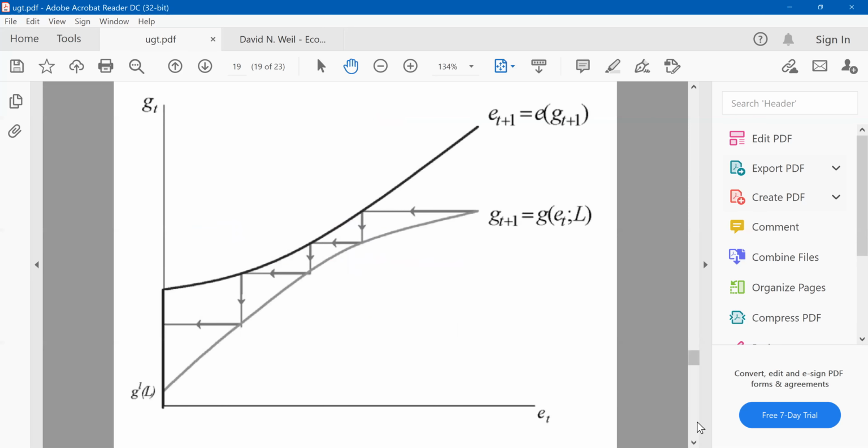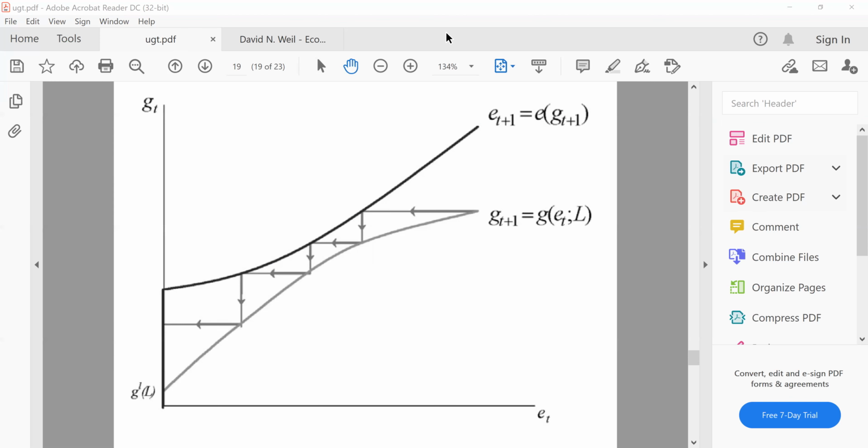And guess what? For low population, there is this stable equilibrium right here. But the economy will move like this, because population is going to be getting slightly larger.